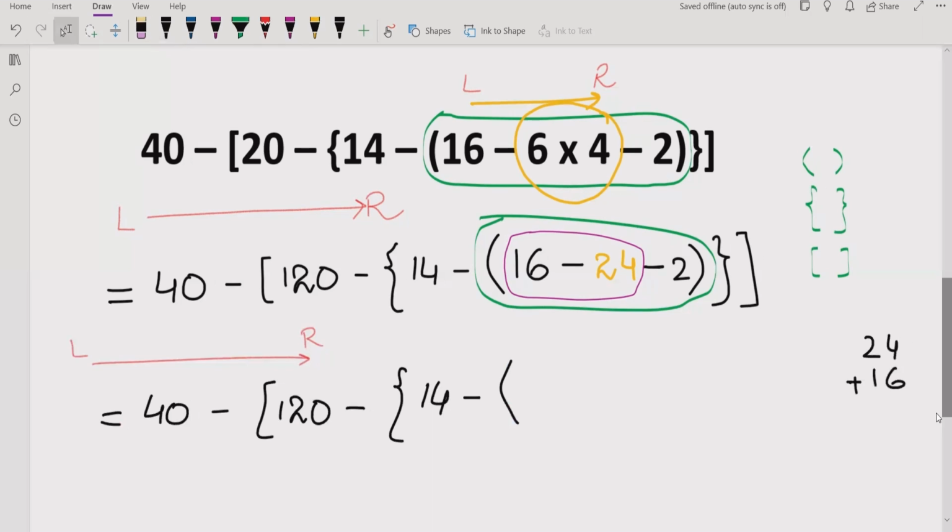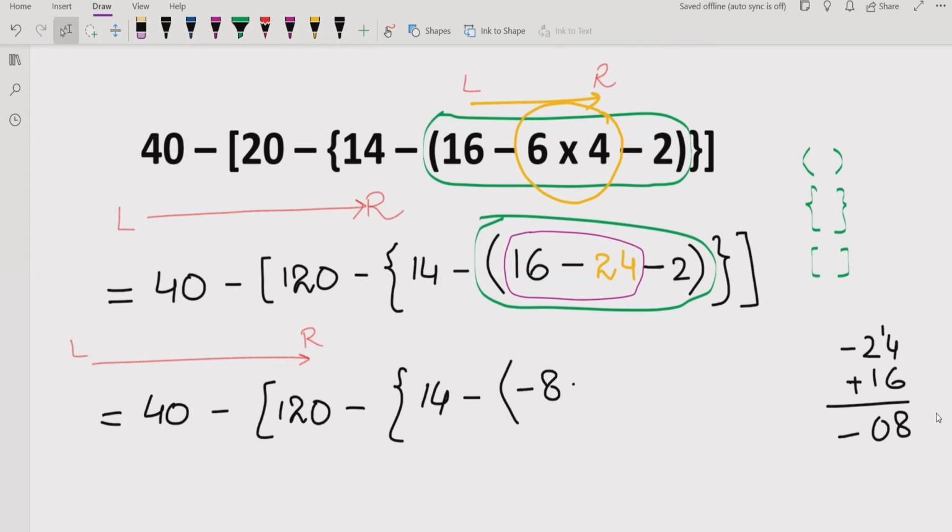We have a plus sign with 16 and a minus sign with 24, so we subtract 16 from 24. 14 minus 6 is 8, and we have 1 here. 1 minus 1 is 0. Because 24 has the minus sign, we get minus 8 here.